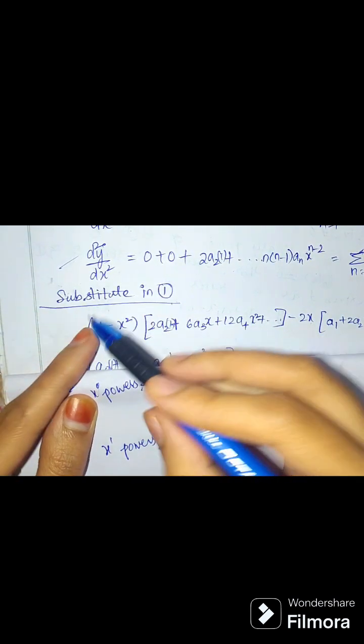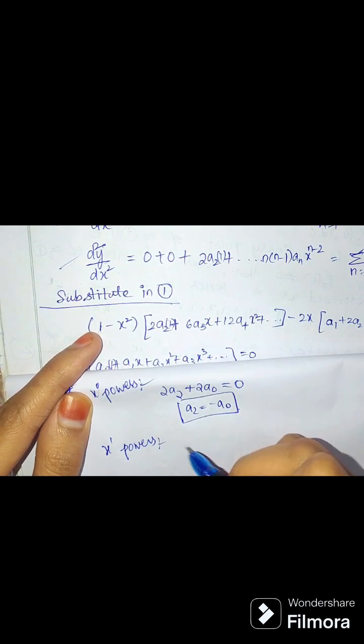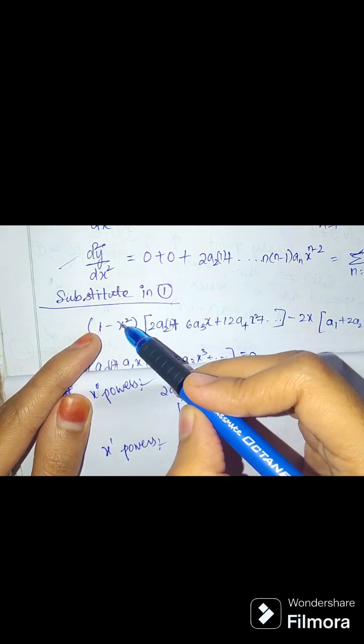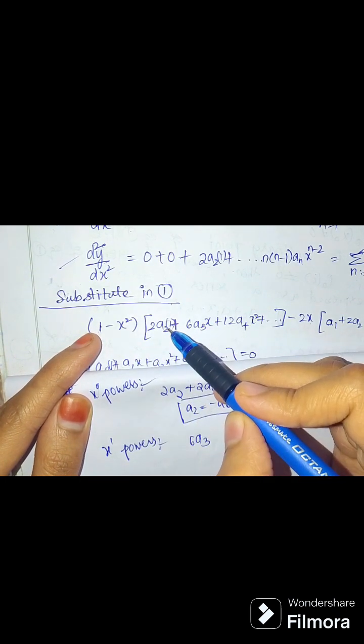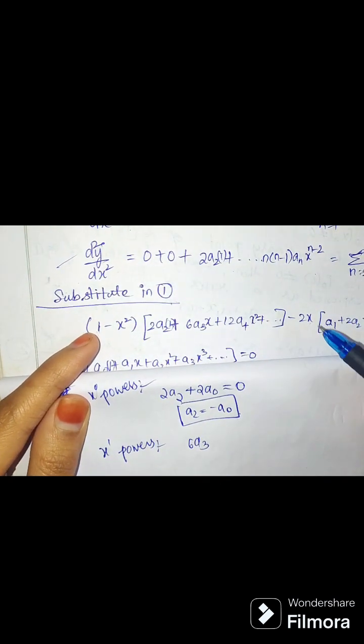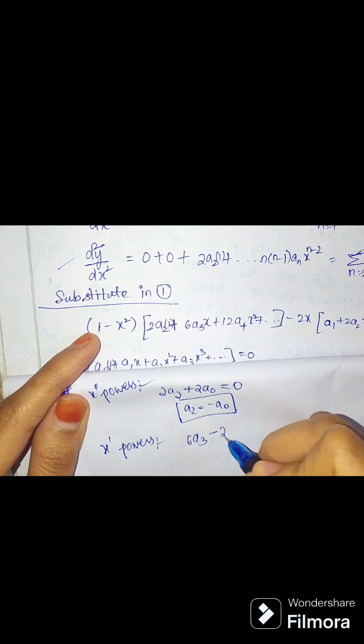See, if I multiply 1 here, I get 6a3x. So I'll write 6a3. And anywhere else possible? x square multiplied with this gives x square directly, so I cannot get x from this. From x into a1, I'll get minus 2a1.